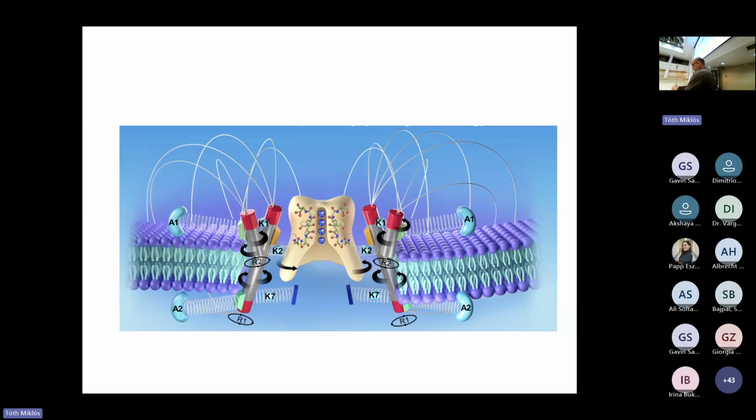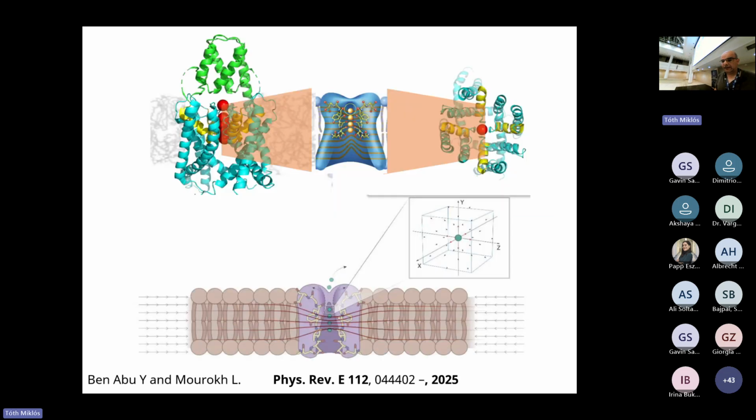In my experiments in the last two years, I found very interesting results. This is the model. First of all, I found that there are some differences between parts of the channel. This part is neutral, and this part of the channel is charged, and also this part.